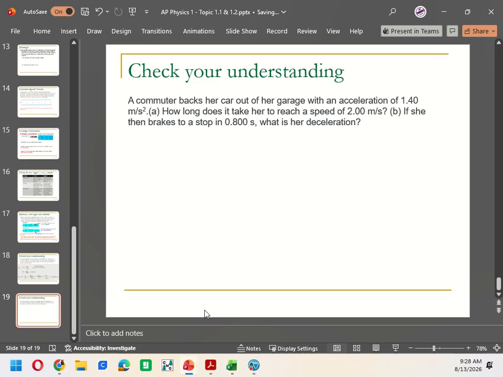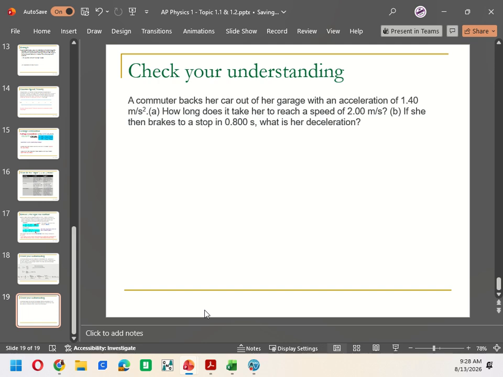On this problem, I'm going to go through and list what I have. A commuter backs her car out of the garage with an acceleration of 1.4 meters per second squared. So I'm going to say that my a is equal to 1.4 meters per second squared.